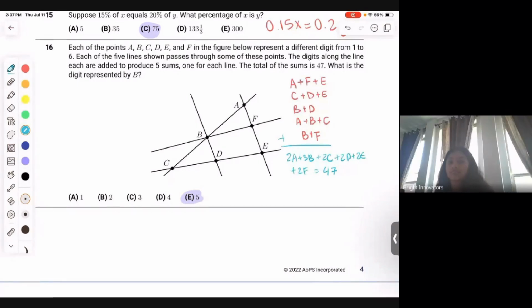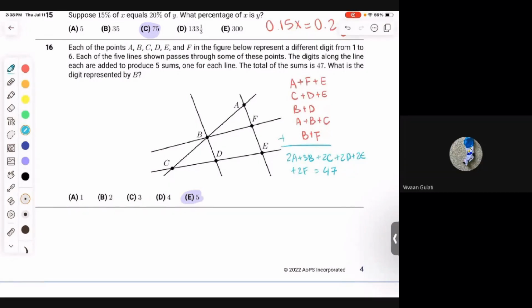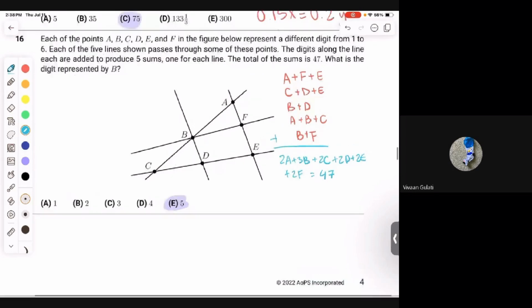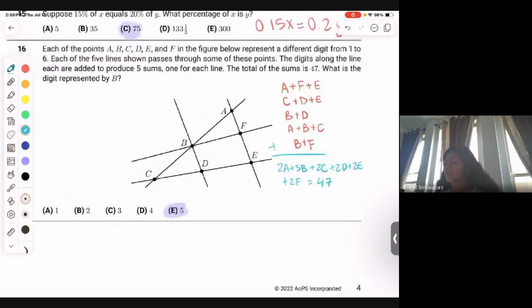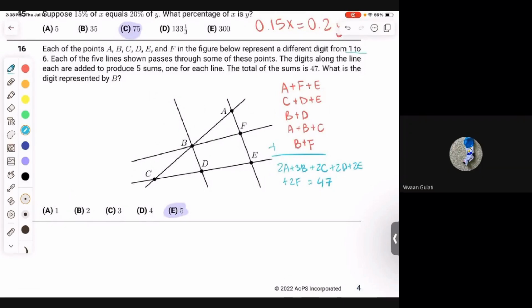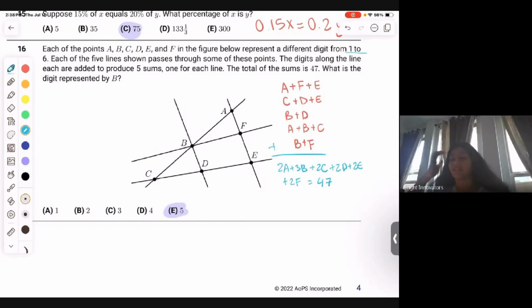Once you get that, you factor 2 out of A plus B plus C plus D plus E plus F. Because they're all different digits from 1 to 6, that's 21. 2 times 21 is 42, and then subtract B equals 5. Okay, yeah.